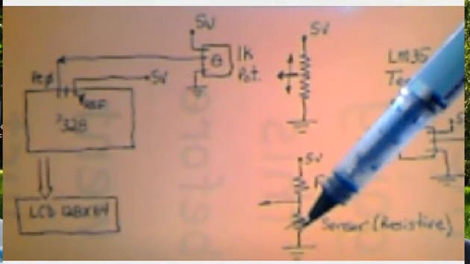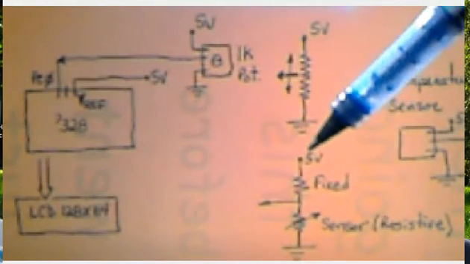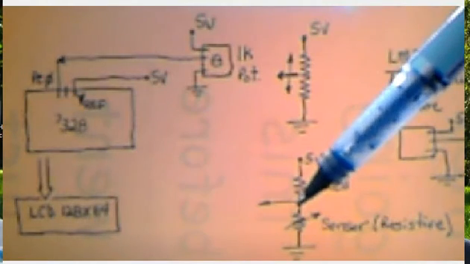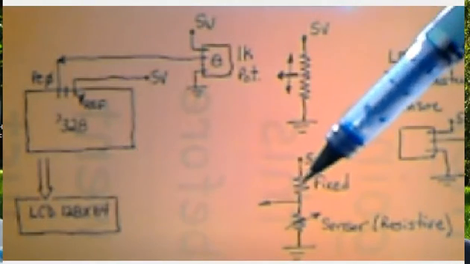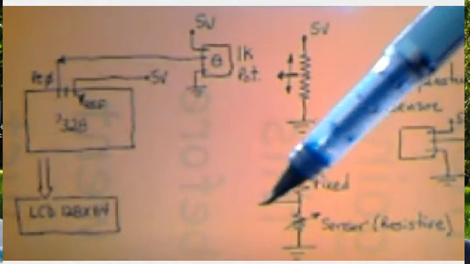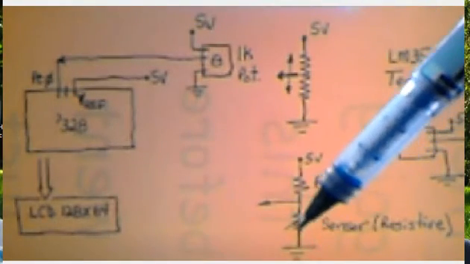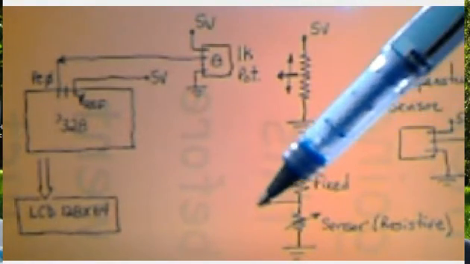So if your sensor went up and down from, let's say, 9,000 to 10,000 ohms, then I would get a fixed resistor of about 9,500 ohms and put it here. And then from there go to 5 volts, and here go down to 0. So in the middle here, let's say this is 9,500 and this is 9,500. The voltage off the tap in the middle would be half of 5 volts, or 2.5 volts, going into your port C bit number 0. As the resistance goes up and down, so will the voltage here.